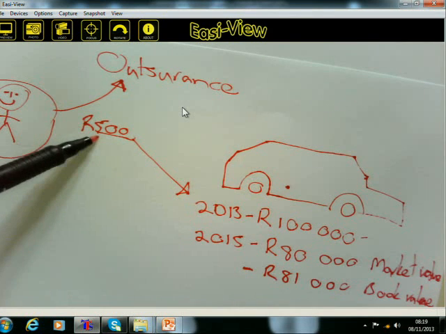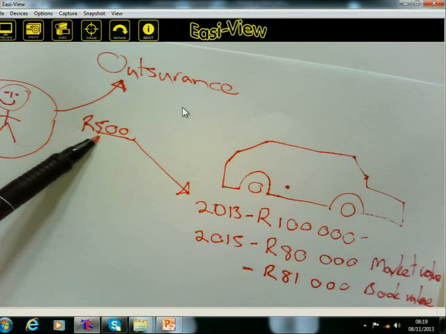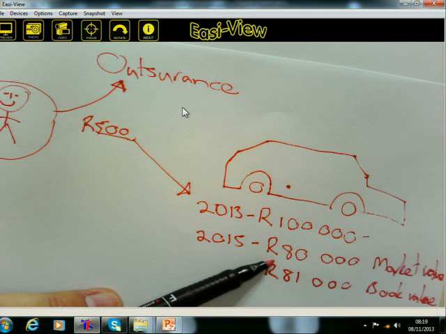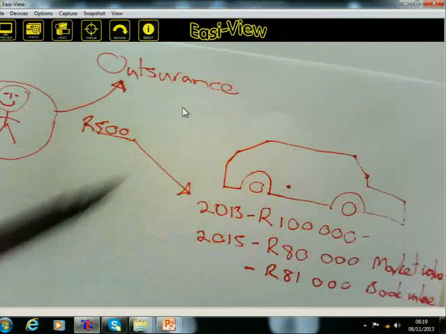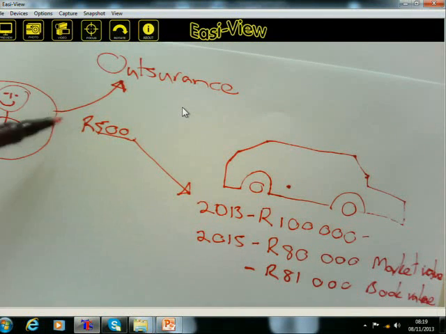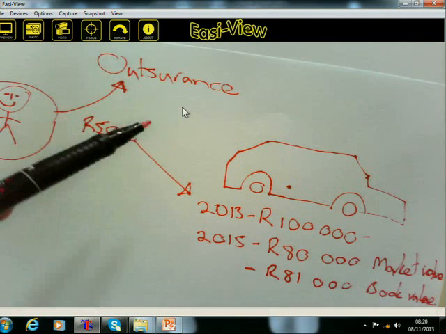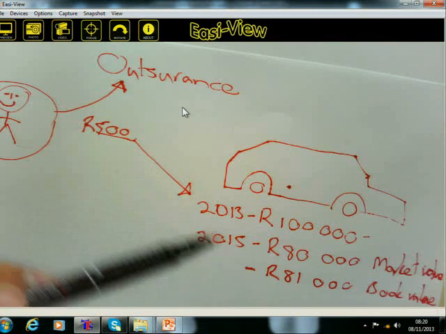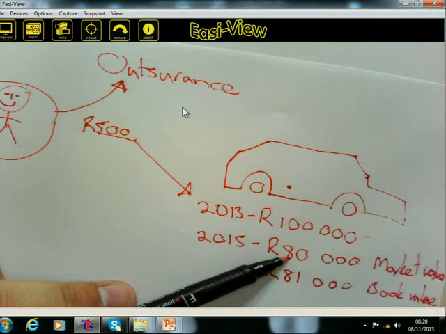Why would I want to pay a 500 rand premium if my vehicle is only worth 80,000 rand? Do you understand? So the onus is on you to phone the insurance company and tell them, please lower my premium because I want to insure my car which is worth 80,000 rand.